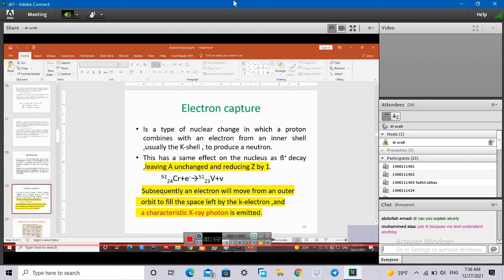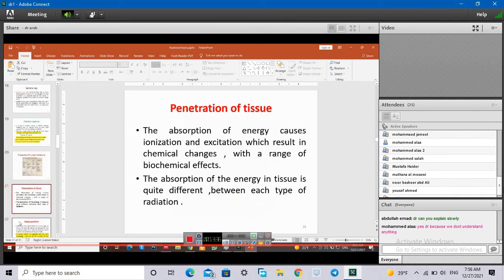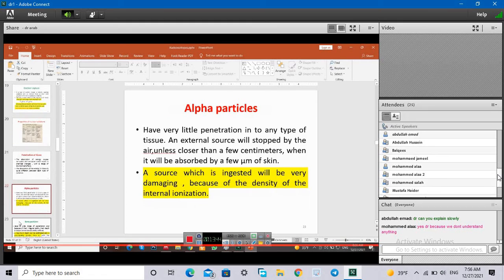Okay. After that, I spoke about the penetration rate of different particles into tissue, into the target, and again I started with the alpha particle.